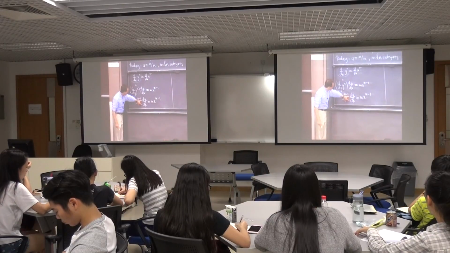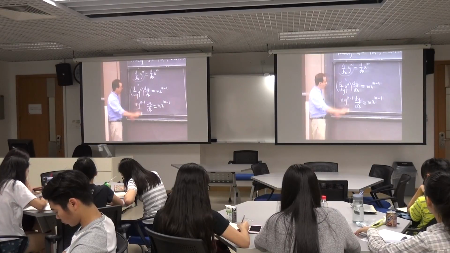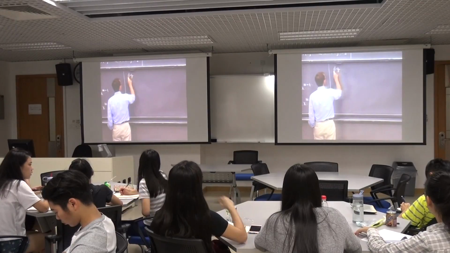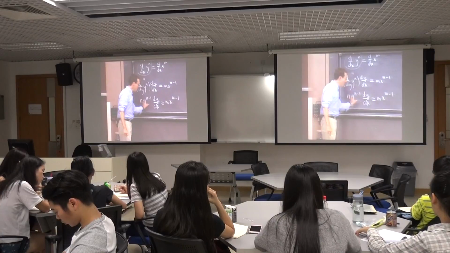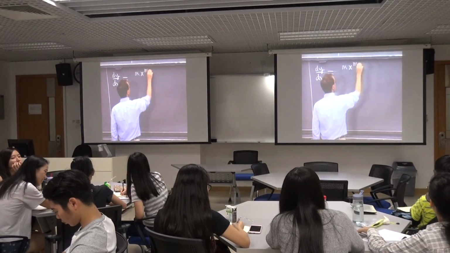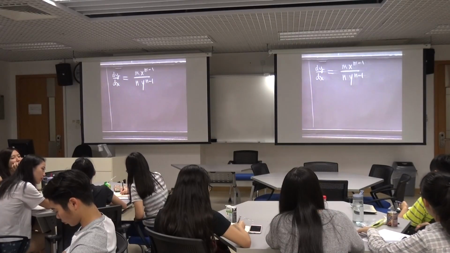And what we have to do now is to solve for dy dx using algebra, and then solve it all the way in terms of x. So first of all, we solve for dy dx. So I do that by dividing the factor on the left-hand side. So I get here m x to the m minus 1 divided by n y to the n minus 1.